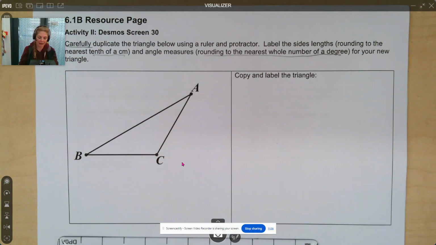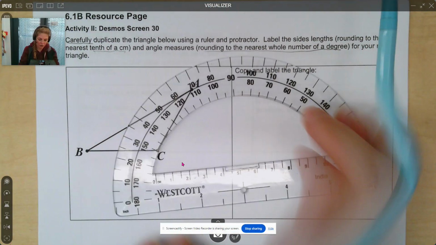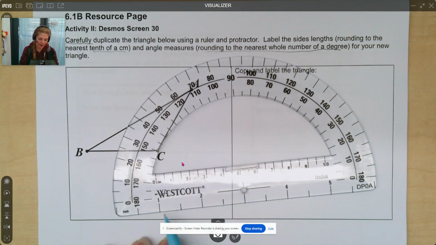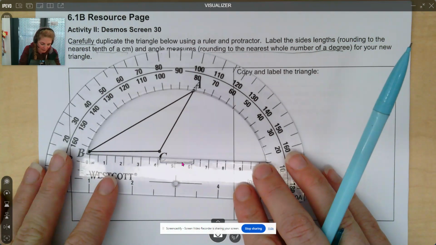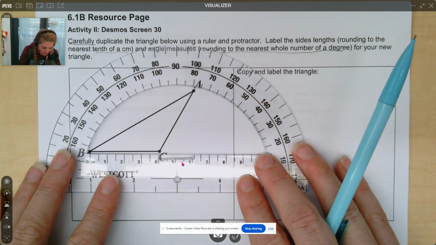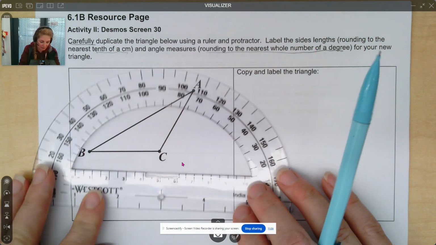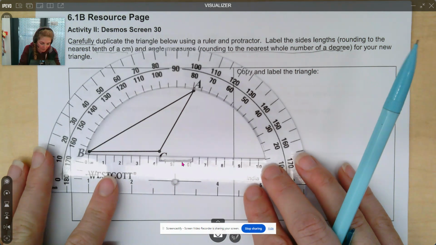When we're doing this, remember that on your protractor we have centimeters and inches. I'm going to use the centimeters. I'm going to first measure BC. It looks to be about 4, maybe a little bit farther.